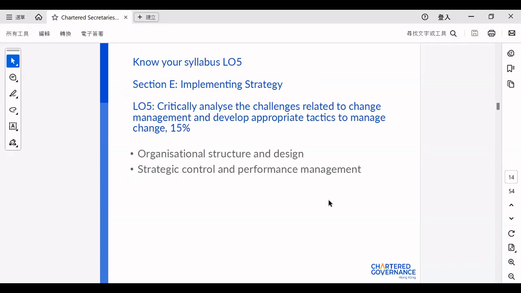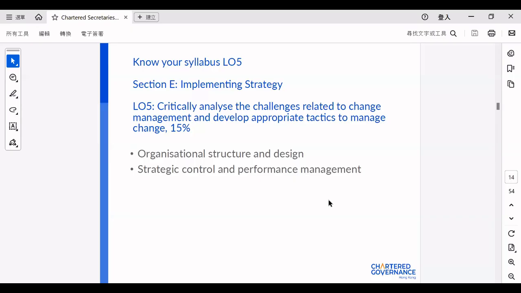And then we have this section E, which is implementing strategy. So I mean, you can see from developing strategy, doing the environmental analysis, to thinking about the company's culture, leadership, and all these things, and then you decide on which strategy you will be choosing, and then finally you have to implement your strategy.